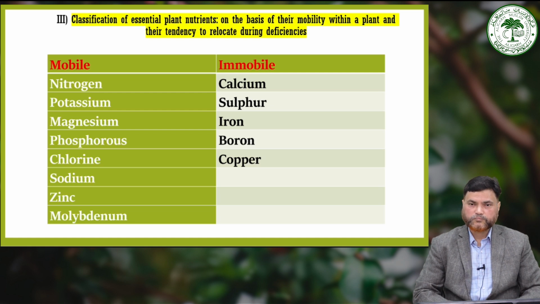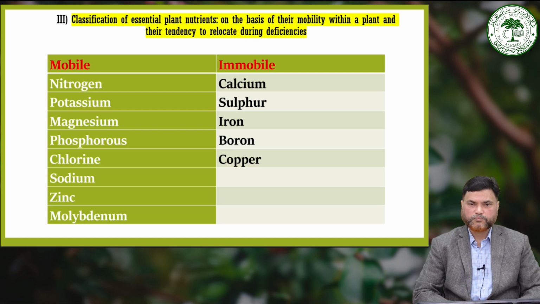As far as mobile elements are concerned, they are transported by the plant's vascular system, allowing for redistribution from older to younger tissues as required.